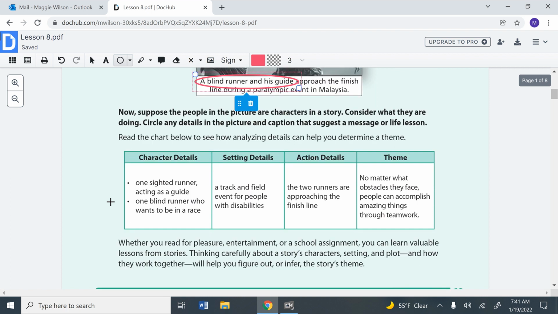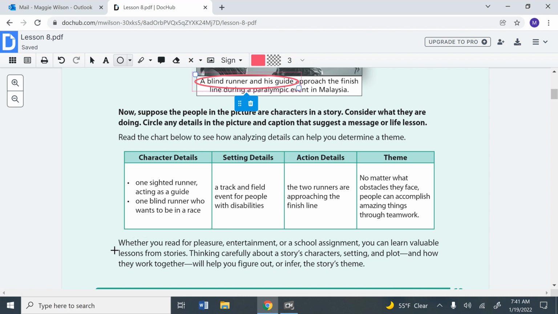Now going back down to the chart, the character details is that there is one sighted runner acting as a guide and one blind runner who wants to be in a race. The setting details is a track and field event for people with disabilities. The action details are the two runners are approaching the finish line. And the theme is, no matter what obstacle they face, people can accomplish amazing things through teamwork.